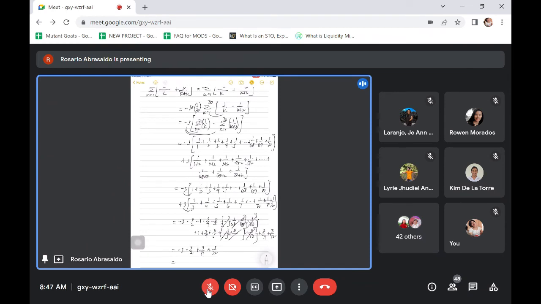Finding the least common denominator, if you are going to add these four fractions, you get negative 7525 over 127,709, or in terms of decimal, negative 4.416.